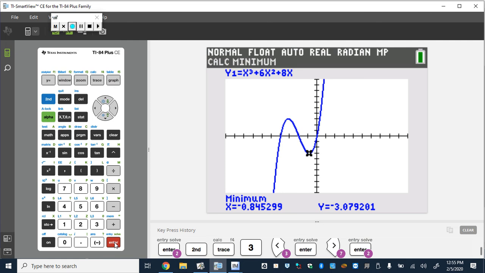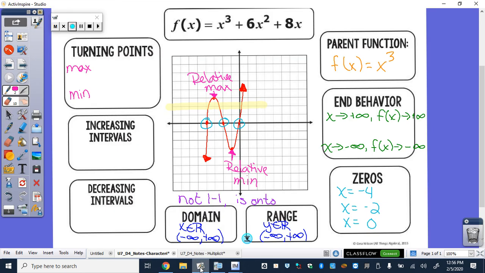My y is negative 3.1. So that is where my actual minimum is. So go ahead, find the maximum. So do second trace, choice 4. Find that max value where it actually is.